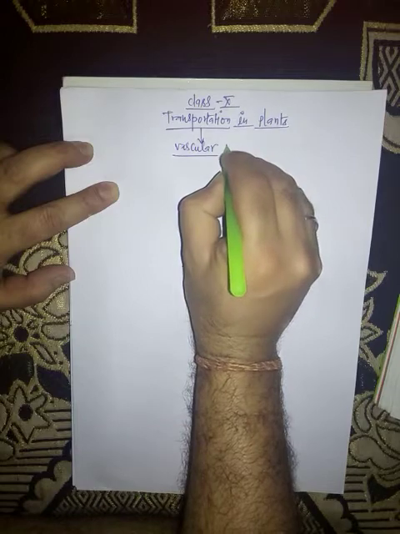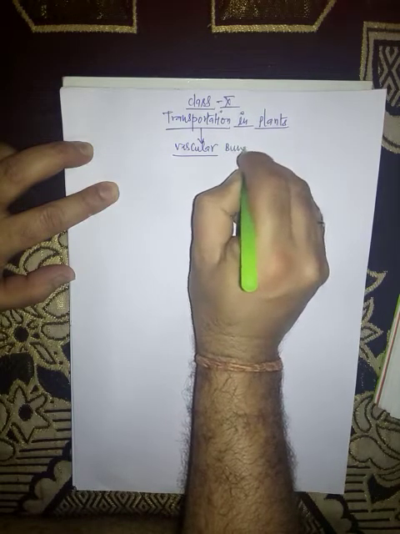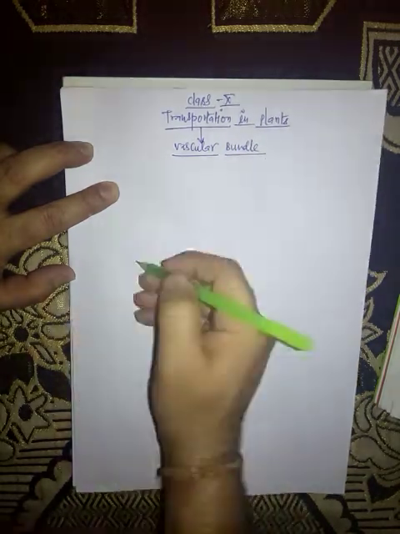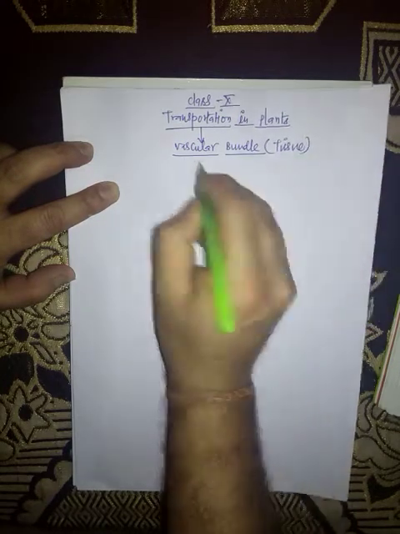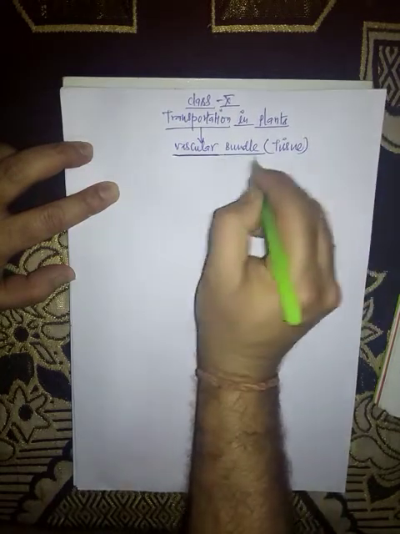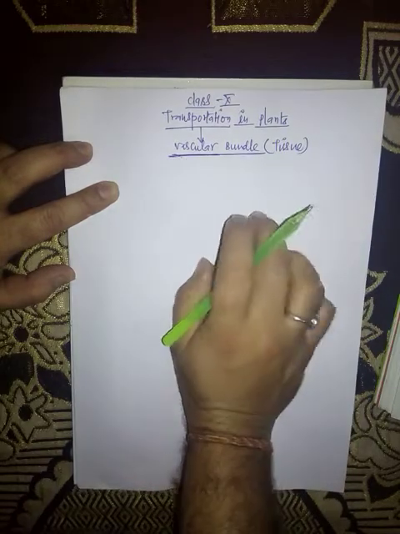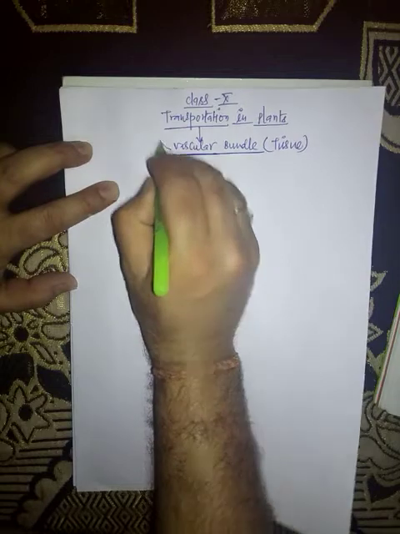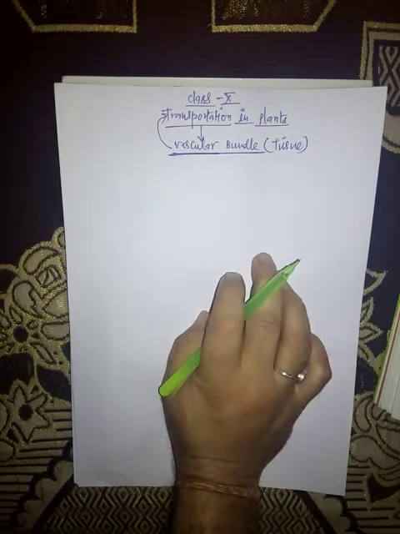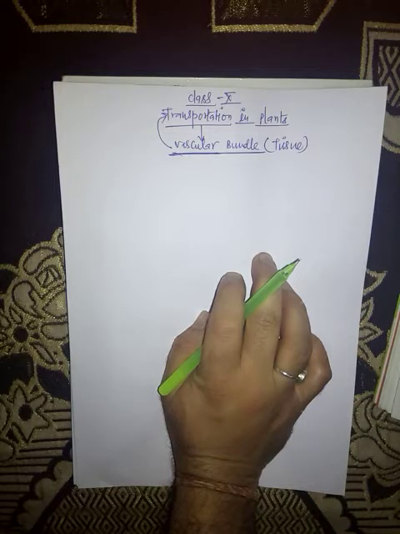This is called vascular bundle, or vascular tissue. Vascular is used for those tissues and organs which participate in transportation, right? So the circulatory system in human beings is also known as the vascular system, right?